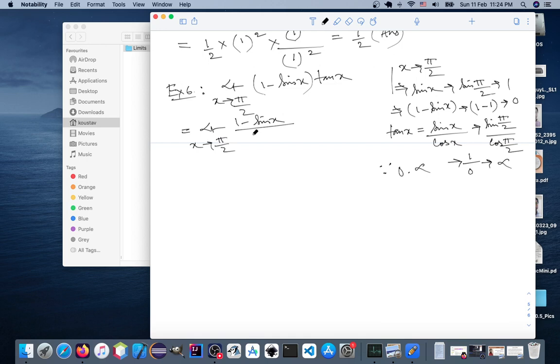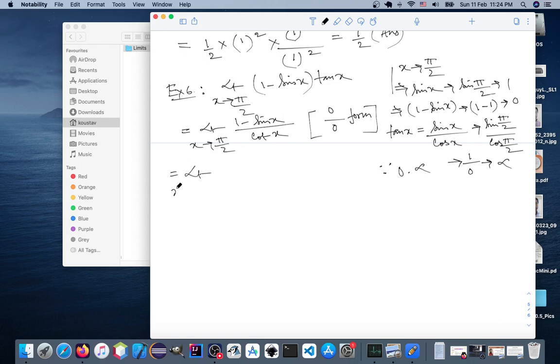Tan x means 1 by cot x, so we get 1 minus sin x by cot x, which is tending to 0 by 0, since cot x tends to 0. So this is 0 by 0 form. Now we can apply L'Hopital's rule.